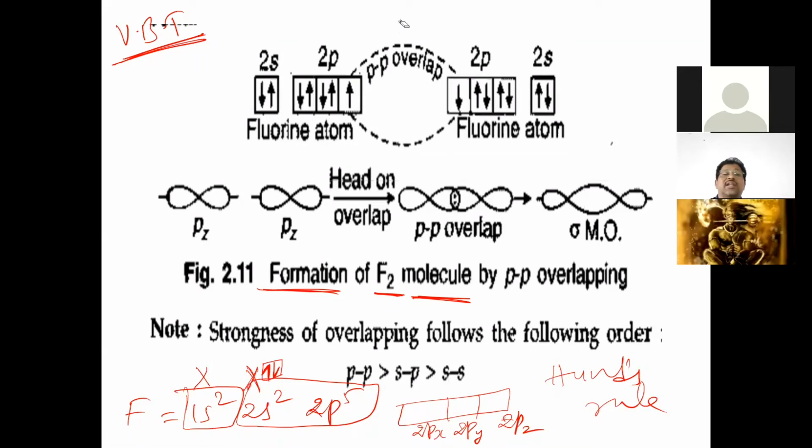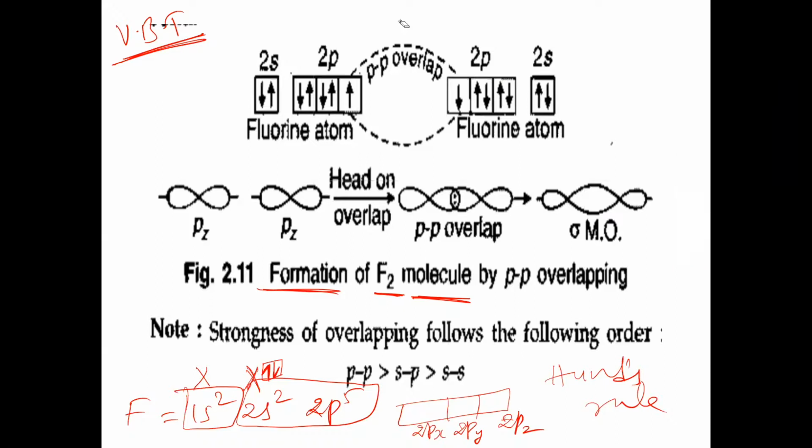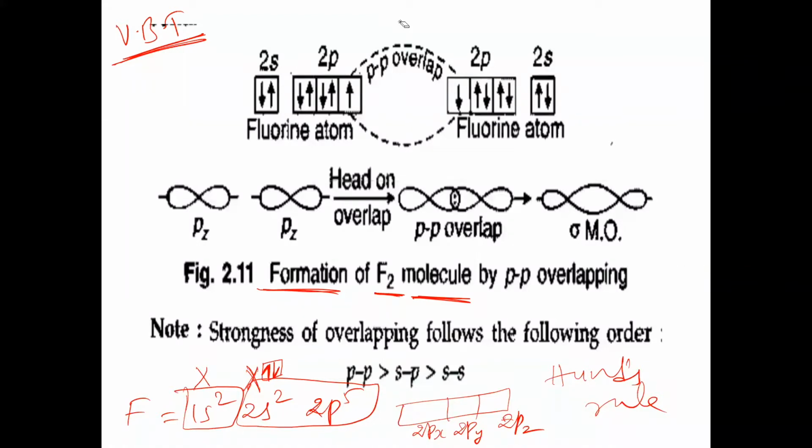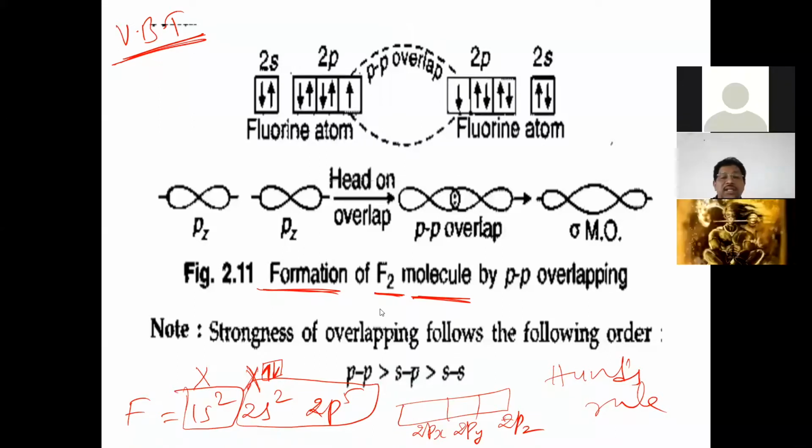So we distribute 1 electron into 2px, 1 electron into 2py, 1 electron into 2pz. 3 electrons are distributed. Now the 4th electron is paired, and the 5th electron is paired.